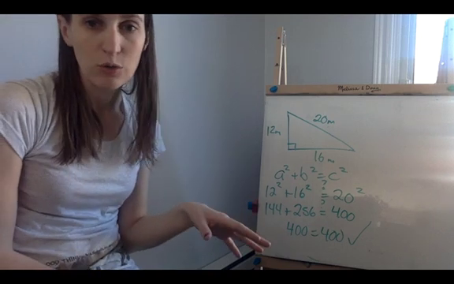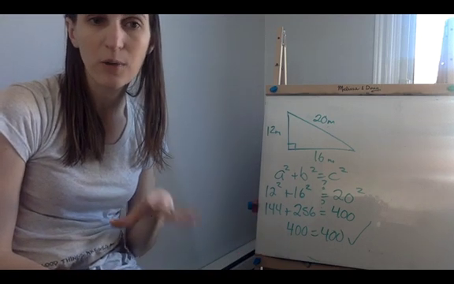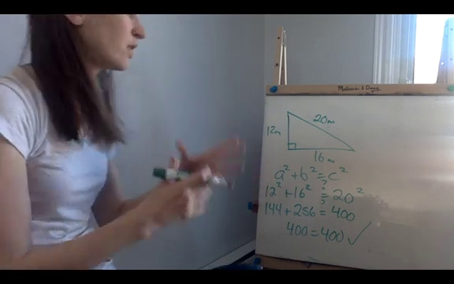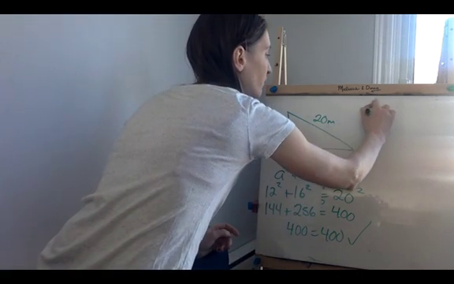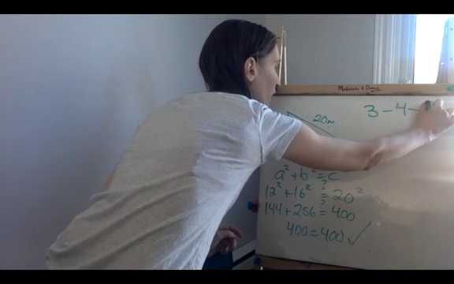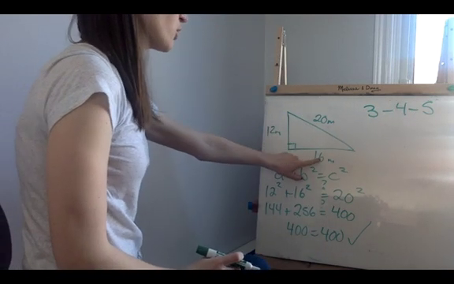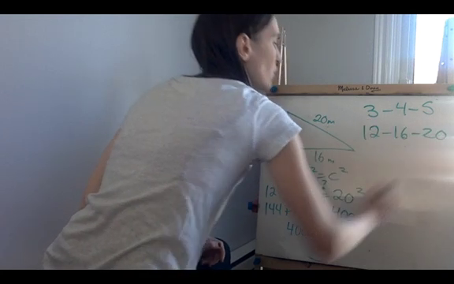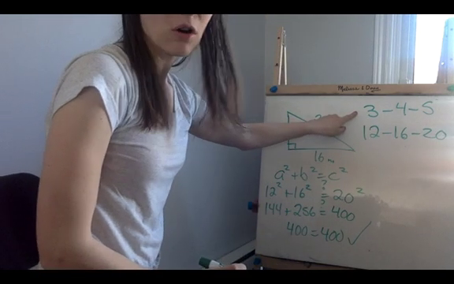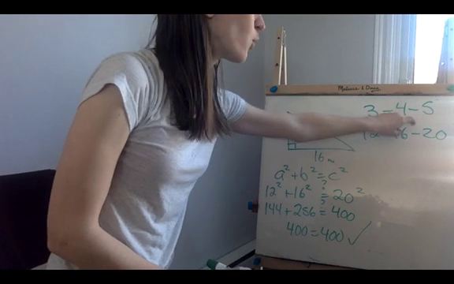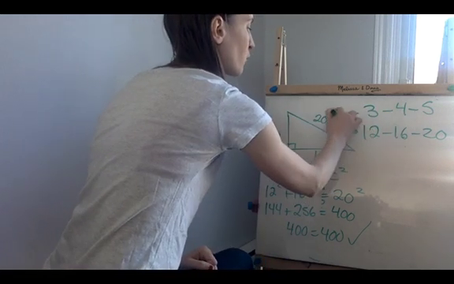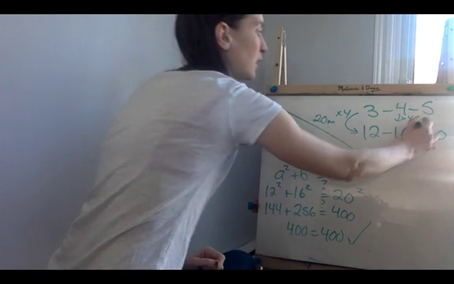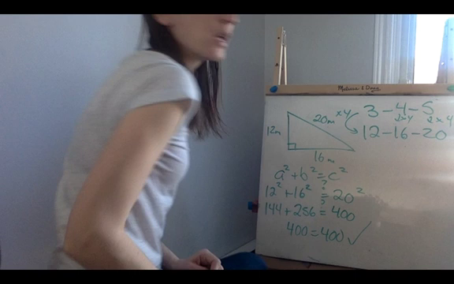The other thing you could do here is use a bit of logical reasoning. We talked about Pythagorean triples and all of their similar triangles. Remember that the main Pythagorean triple was the 3, 4, 5 triangle. If you look at 12, 16, and 20, you can see these are all in the same proportions, because 3 times 4 is 12, 4 times 4 is 16, and 5 times 4 is 20.